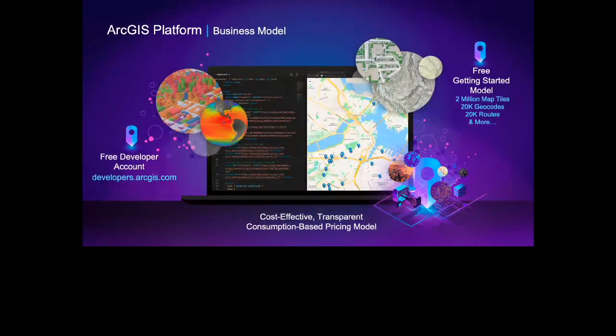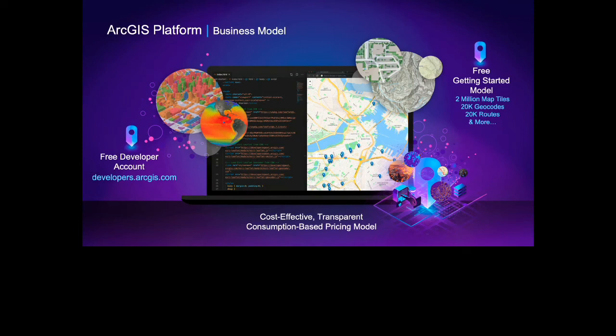And the third element of the ArcGIS platform is the business model, right? So getting access to the platform is as easy as signing up for a free account on the developer site. In addition to an excellent developer experience and an extensive set of location services, you'll receive a generous free tier to kickstart your development efforts. So that includes, but isn't limited to, 2 million map tiles per month, thousands of service requests for searching, routing, and storage to host your own content.